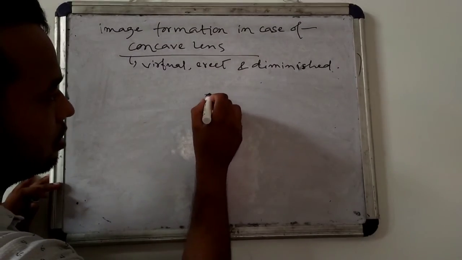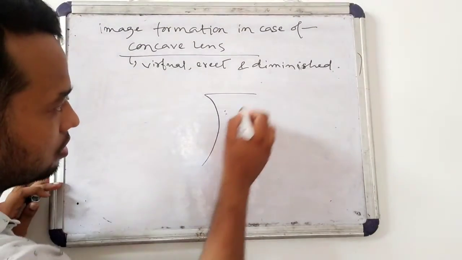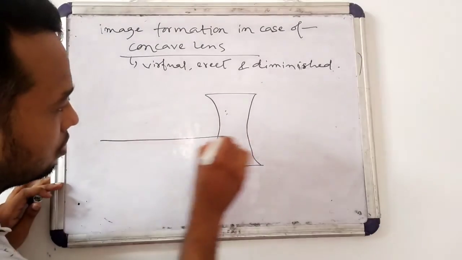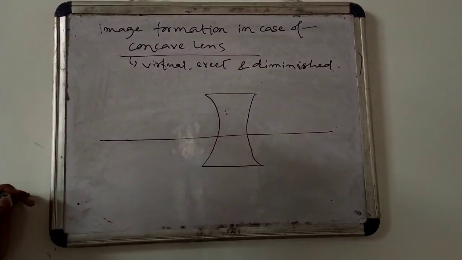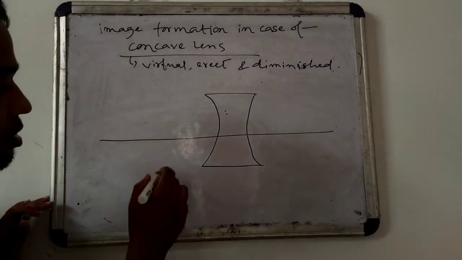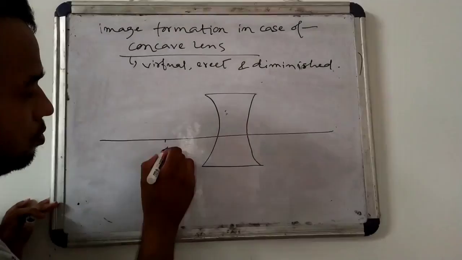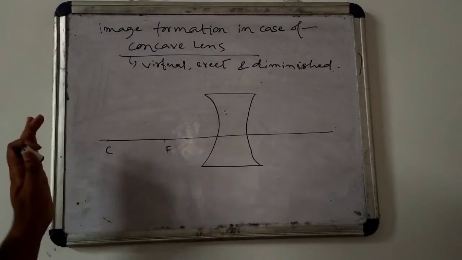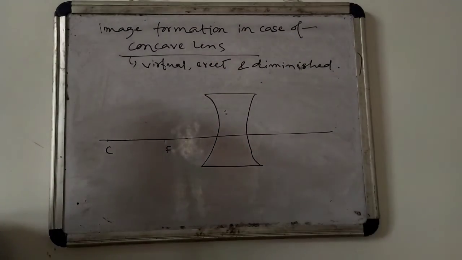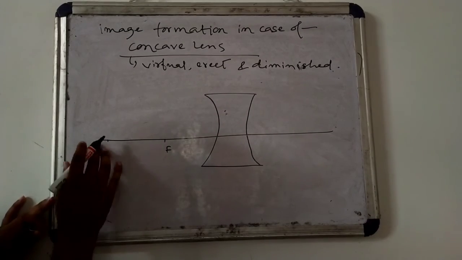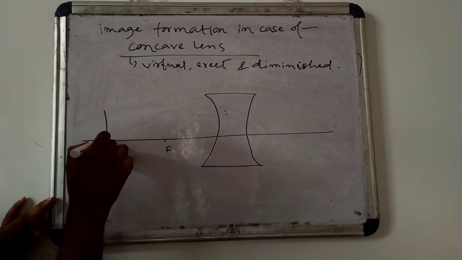Next, now we will place the object at any position in front of the lens. Focus, center of curvature, and at any position in front of the lens we can take the object. Suppose we take the object here.